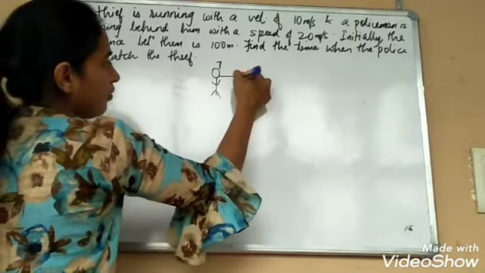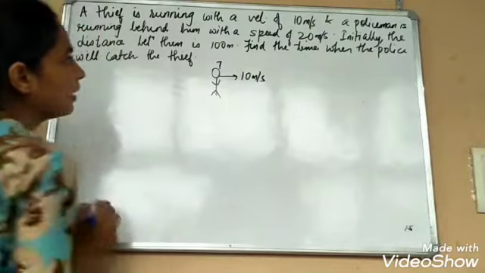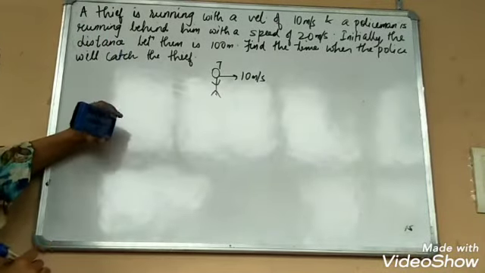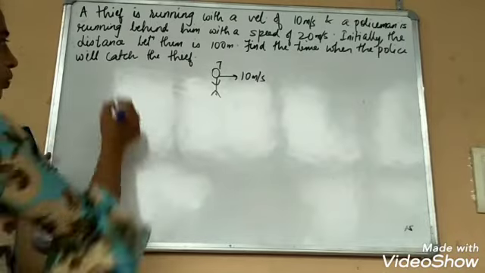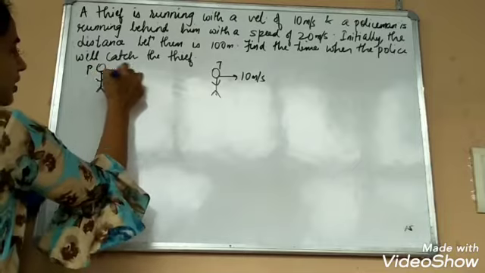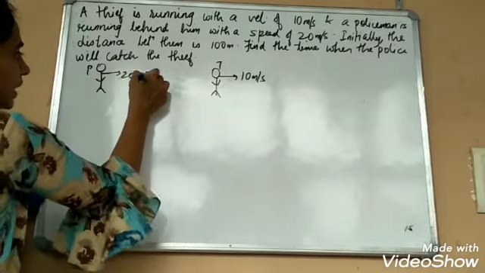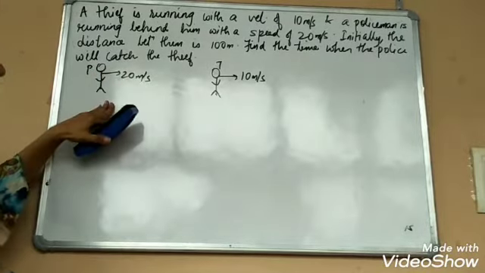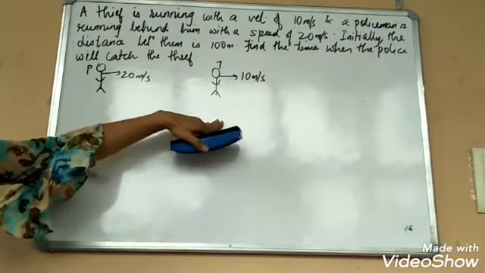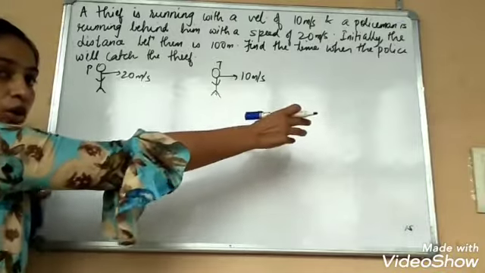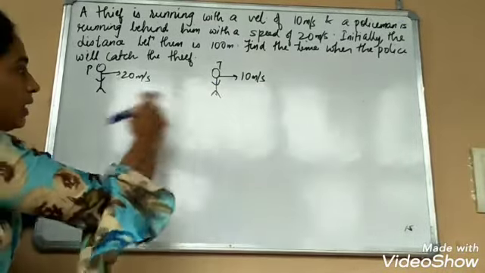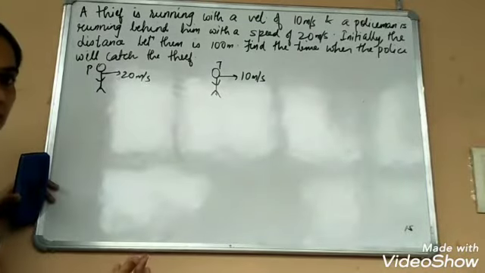Running behind him is a policeman with a speed of 20 meter per second. So the speed of policeman is more than the speed of the thief, so obviously he will catch him. But since the thief is also running, after covering a certain distance, the policeman will be able to catch the thief.